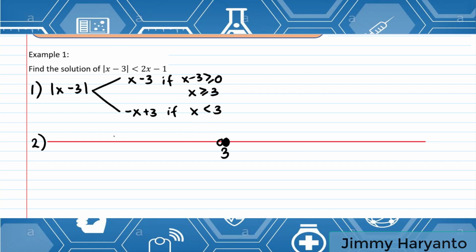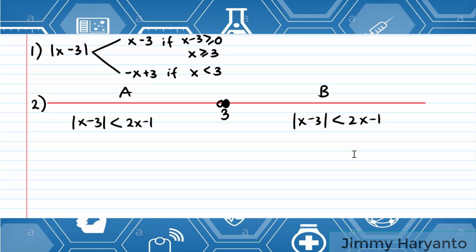The next is we have to write the equations for each room. We only have room A and room B, each less than 2x minus 1. And then we have to choose what to use to convert the absolute value of x minus 3.